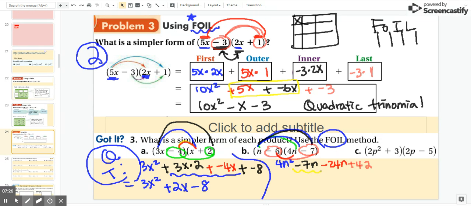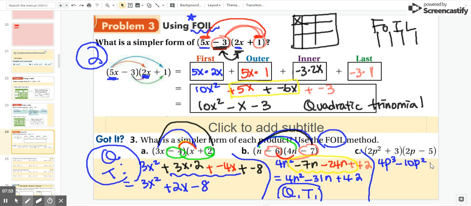So let's combine these two like terms. So it's going to be 4n squared minus 31n plus 42. It's also a quadratic trinomial. And the answer for C, I'll just give you the answer. And we don't have like terms.